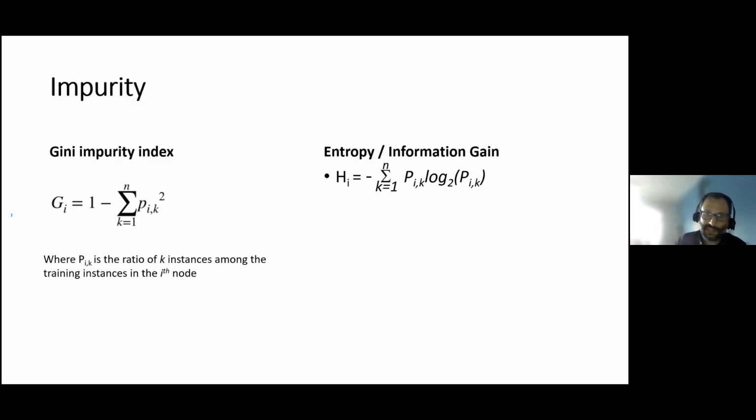Entropy, I won't try to tackle. It's a similar measure. The book talks about measuring also the change in entropy between nodes, and so that is also known as information gain, if you decrease the entropy between points. Again, this is the math, and then I gather that some algorithms use it.